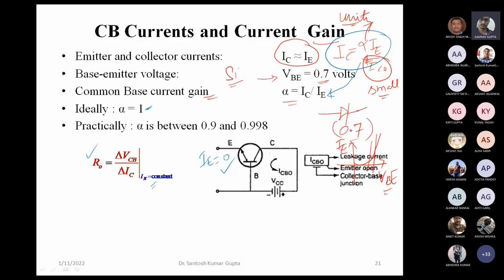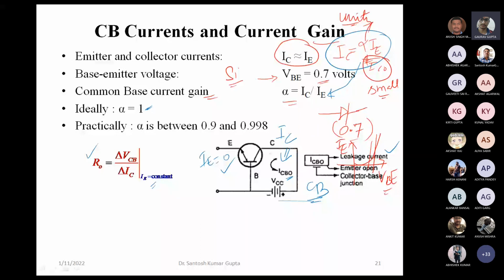The current which flows through the collector is called ICBO. This has nomenclature like this: O stands for emitter open and CB is for the collector base junction. So the current which flows through the collector base junction when the emitter is open is called ICBO, and this is nothing but the leakage current.